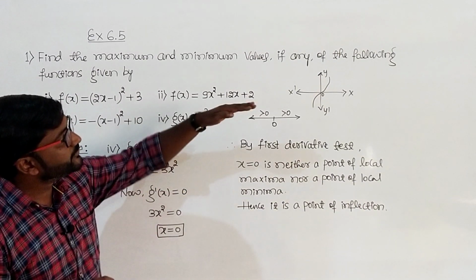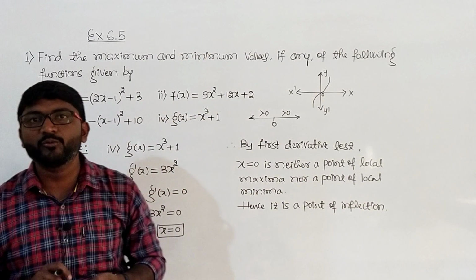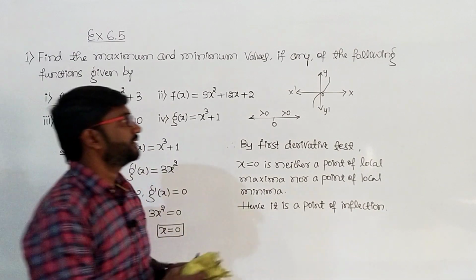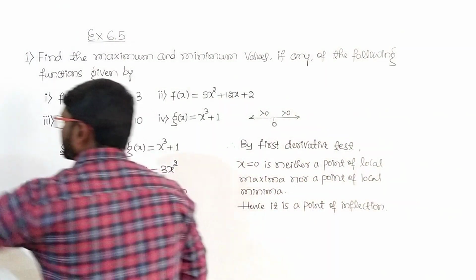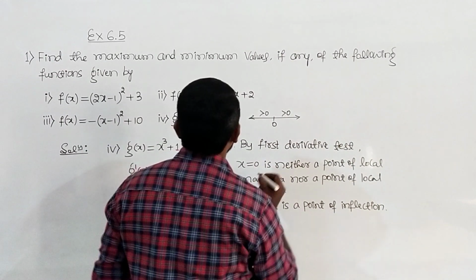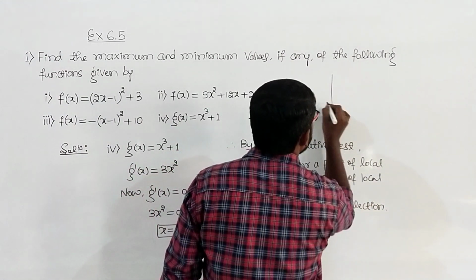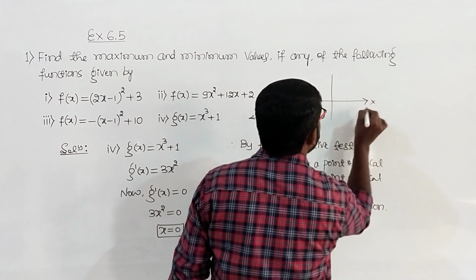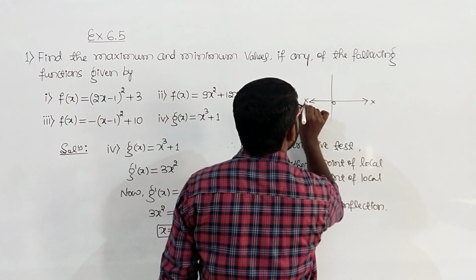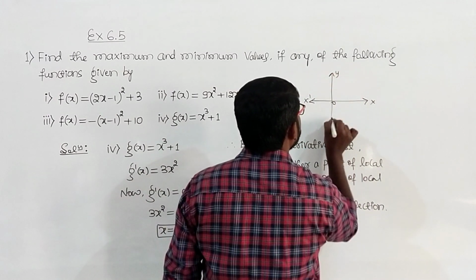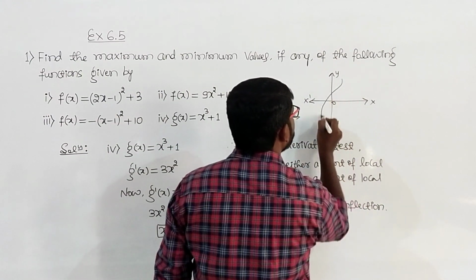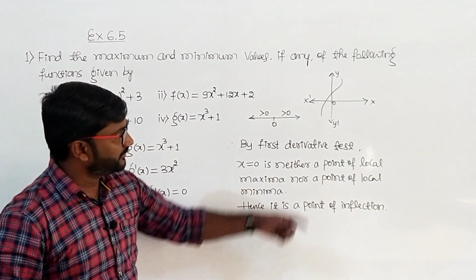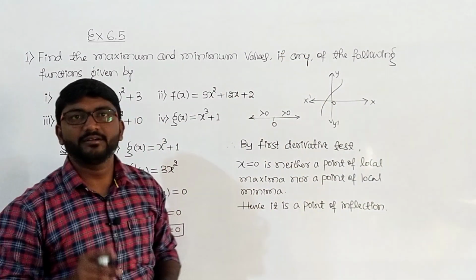That means it should shift vertically by 1 unit. I'll draw that now. So here if you draw the graph of x cube plus 1, it will look like this. So it is shifting 1 unit vertically.